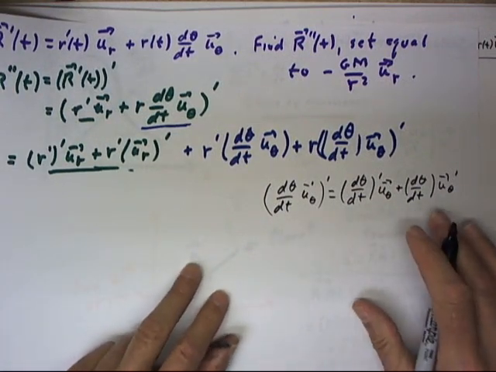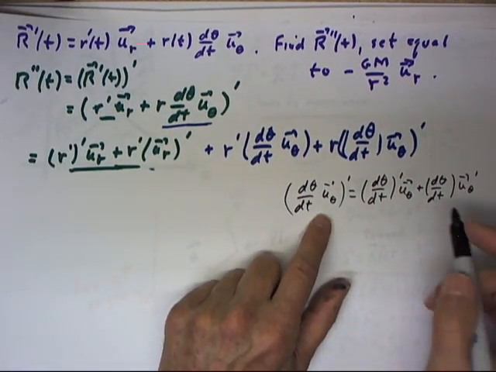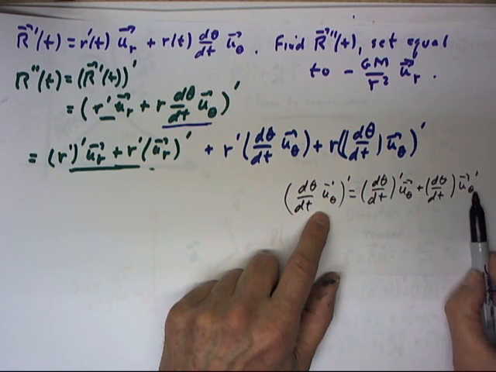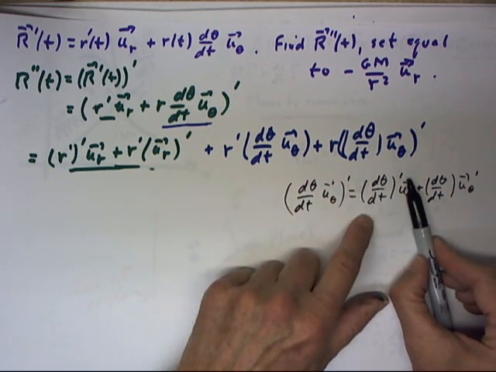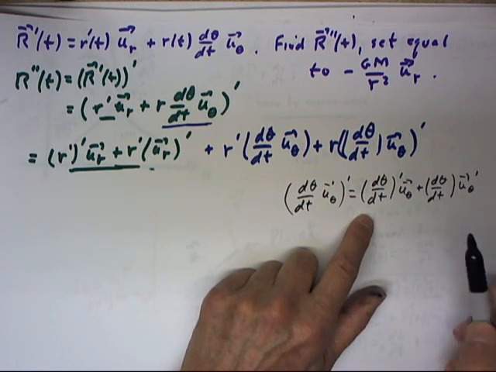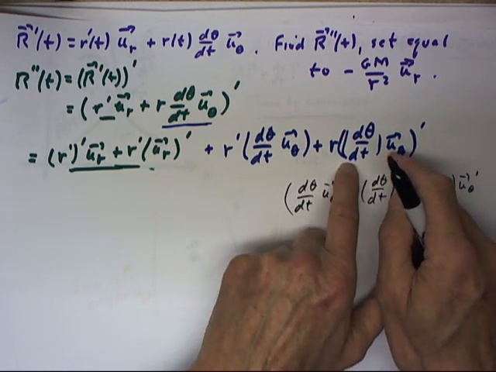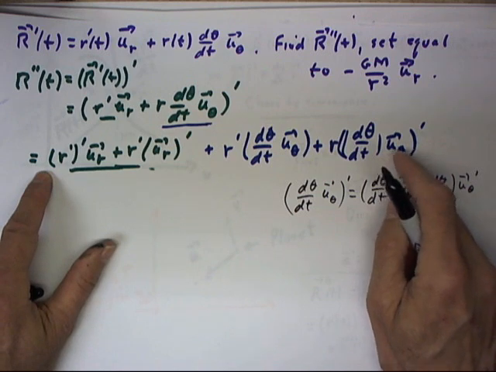Now we're going to be able to write out these derivatives because we know the derivative of u sub theta, and the derivative of d theta dt with respect to t is just the second derivative of theta with respect to t. So let's write that out and back substitute it here and see what we have.